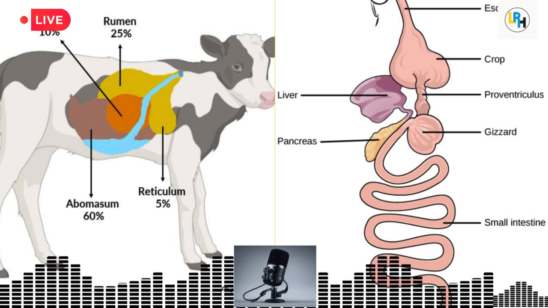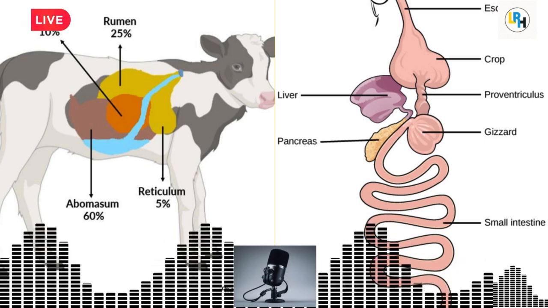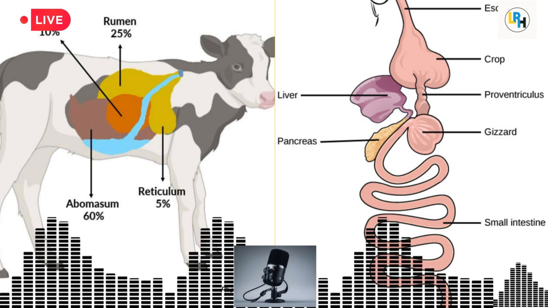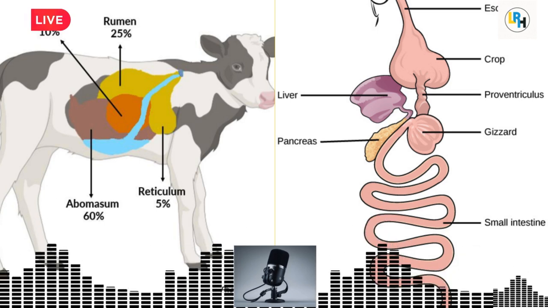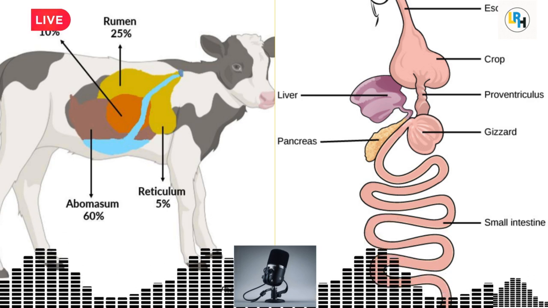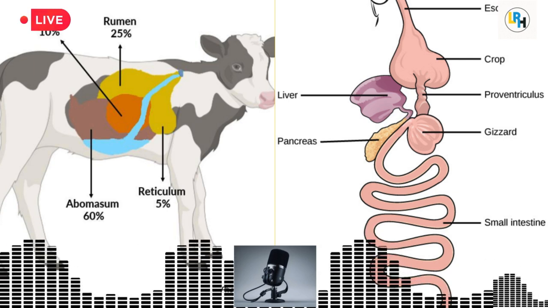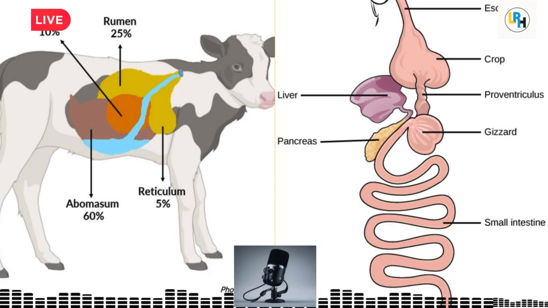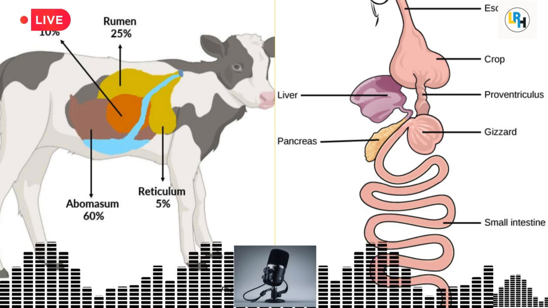It also has the mouth, the tongue, esophagus, duodenum, colon, anus, rectum, cecum, and small intestine. So a question can ask us to mention the 4 chambers of a ruminant, and we say they are rumen, omasum, abomasum, and reticulum.